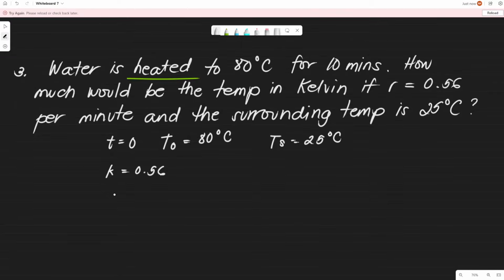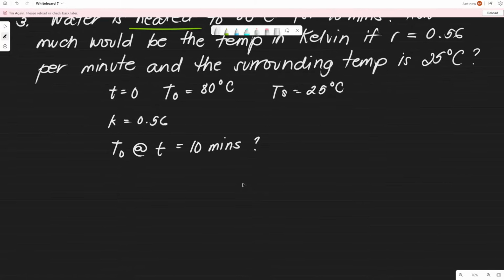The question: what is the temperature at t equal to 10 minutes after the heating occurred? After the heating occurred means there is no more supply of heat in our system. The system will cool down. So, this is cooling.